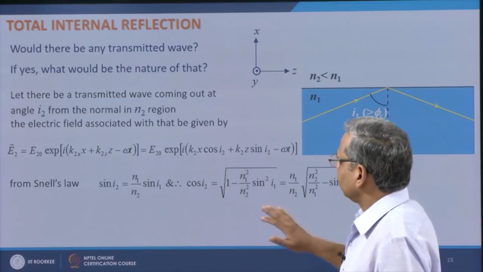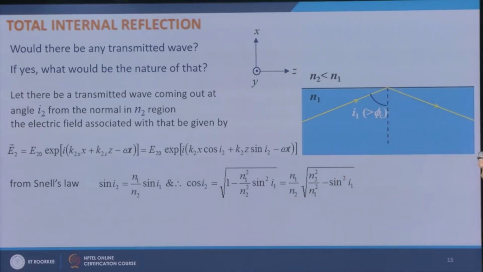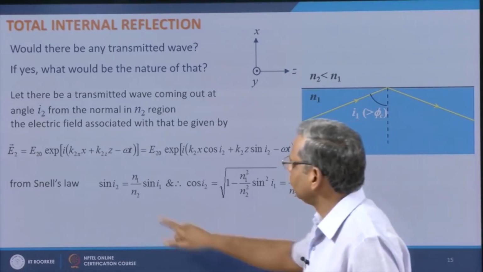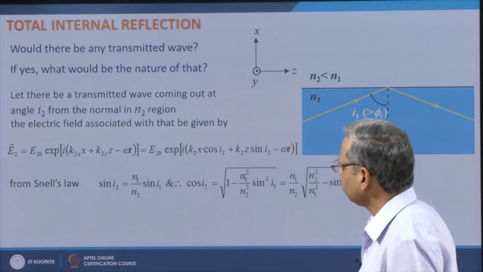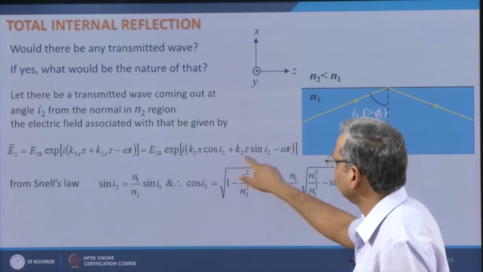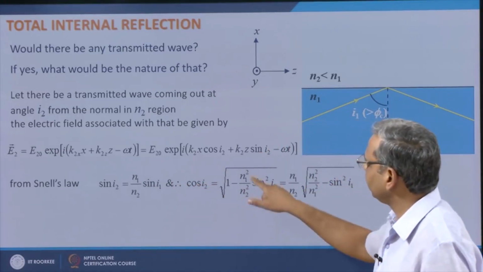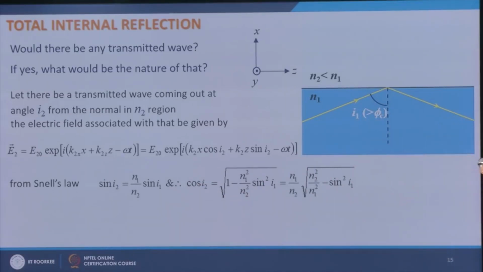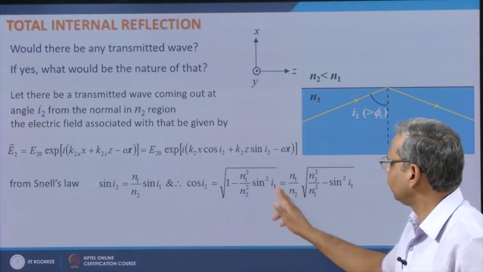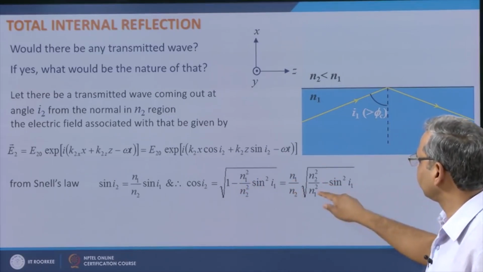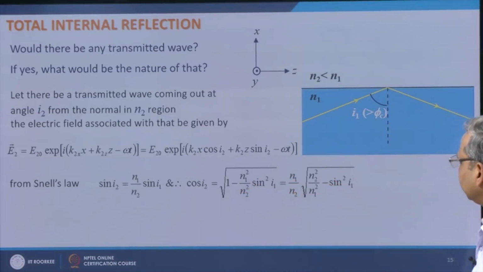If I apply Snell's law here, then I know that sine I2 would be n1 over n2 sine I1, and correspondingly cosine I2 would be square root of 1 minus n1 squared over n2 squared sine squared I1. If I take this n1 over n2 out, this would be n2 squared over n1 squared minus sine squared I1.